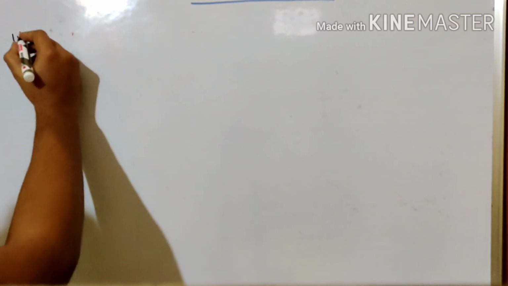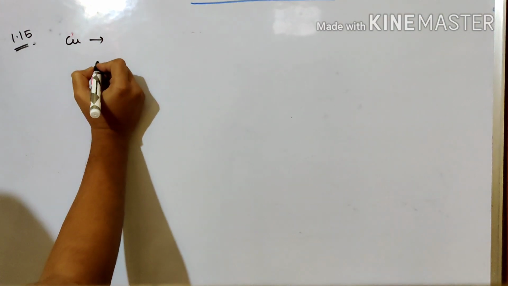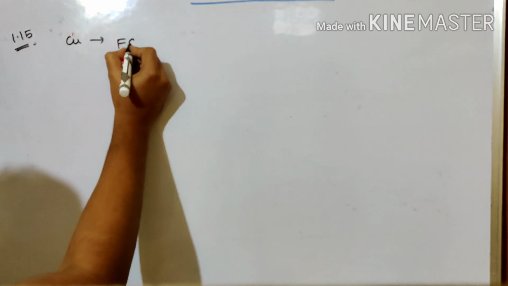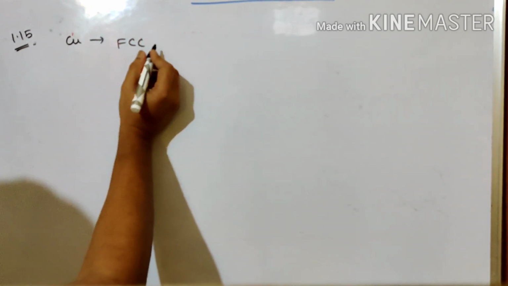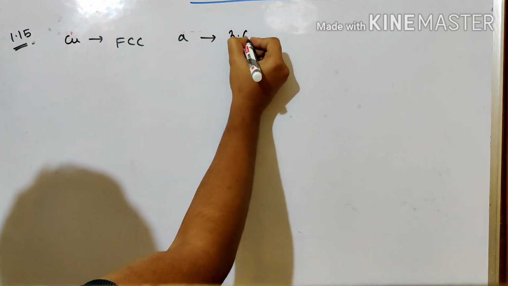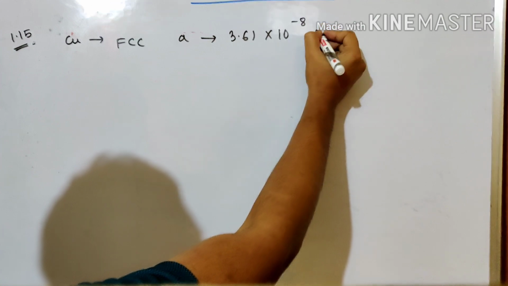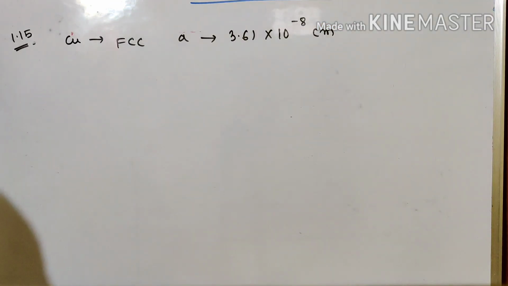Next one is also a similar problem. It is question number 1.15. The question is copper crystallizes into FCC lattice with edge length given as 3.61 into 10 to the power minus 8 centimeter.